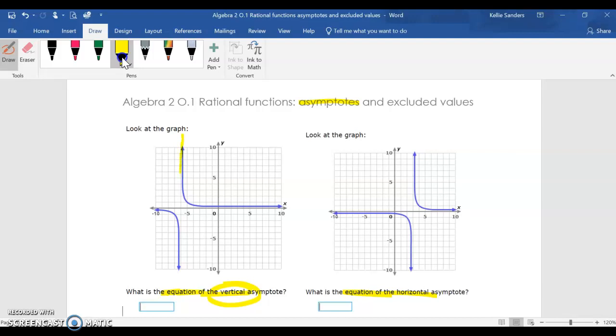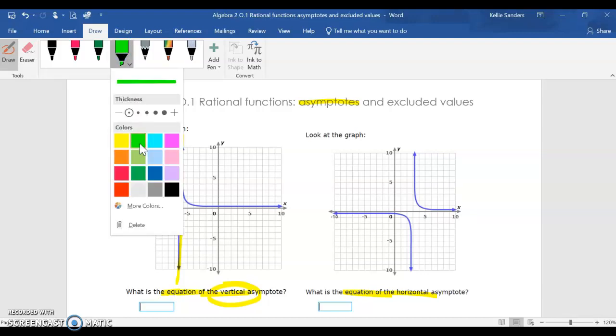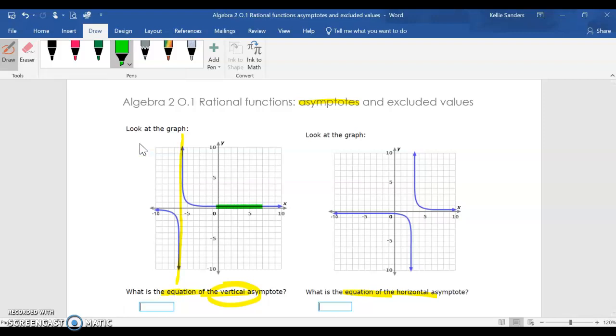This yellow line is imaginary, and this graph, going from right to left, is getting closer and closer to that yellow line, but it's never going to cross it. Same thing from the left.